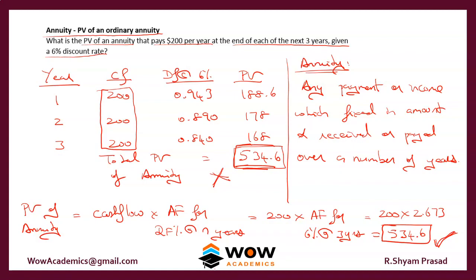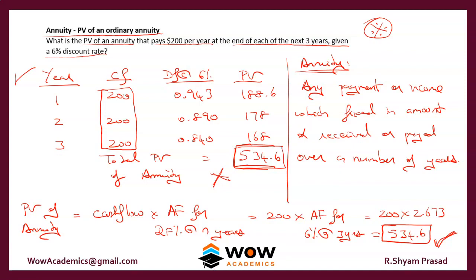So ensure that you understand annuity, because in exams, in a lengthier problem, they'll simply give you 200, 200, 200 like this, maybe for 5 years. If you do this through a table approach, it will take around 10 minutes, but if you do it this way, it will take 1 minute. So they indirectly test whether you understand what an annuity is, and whether you know how to use an annuity factor and quickly solve the problem.